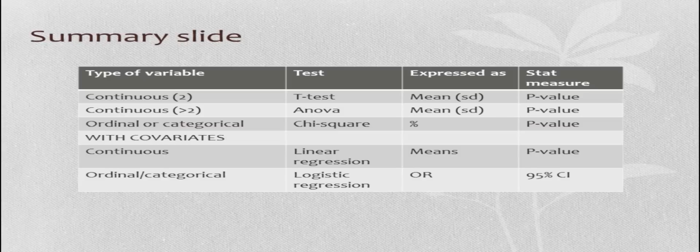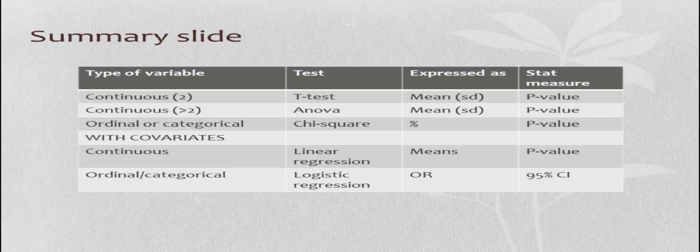If it's a continuous variable and there's more than 2 groups, then analysis of variance is used, and it's expressed as a mean with a standard deviation, and the statistical measure is a p-value. If it's an ordinal or categorical variable, we use chi-square, and the results are expressed as such and such percent of people in group 1 versus such and such percent of people in group 2 had the outcome, and it's a p-value.